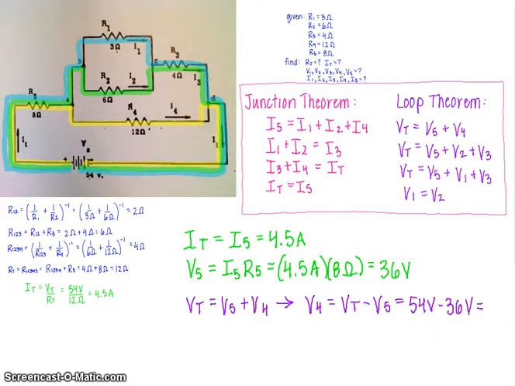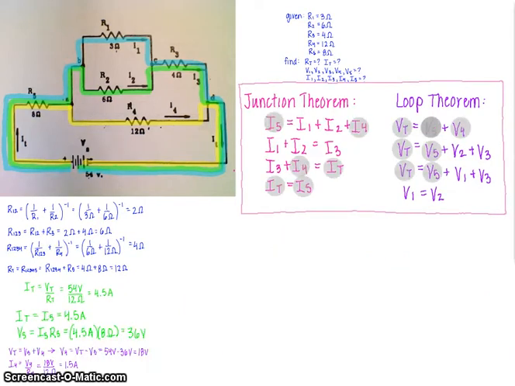Substitute in your value, and we get 18 volts for V4. Once we have V4, we can get I4. V equals IR, so I4 equals V4 over R4, giving us 1.5 amps for I4.